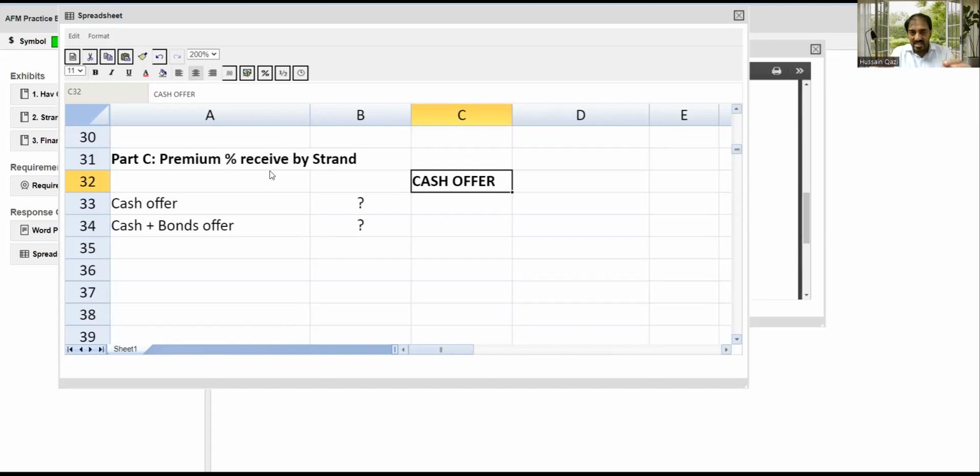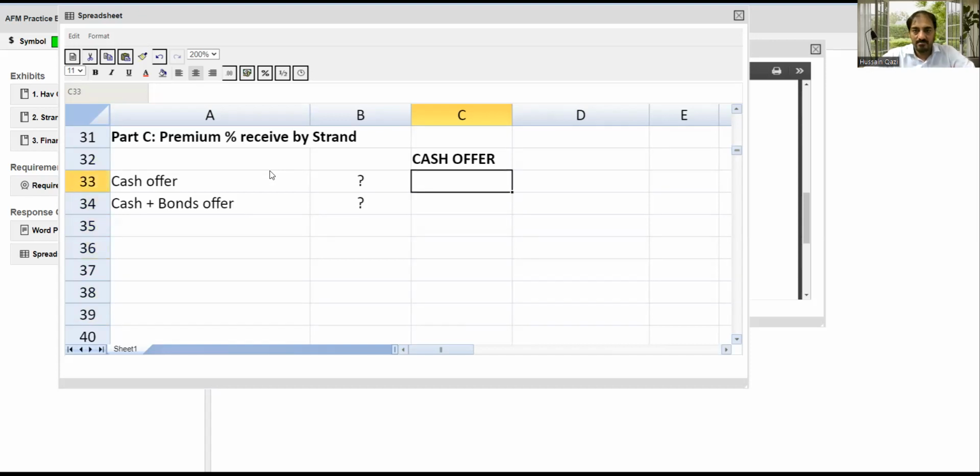Whenever you are analyzing the premium received by the target company, your mindset should be: with this mode of consideration, for example the cash offer, what will the target company shareholder receive and what will they sacrifice? That's all. What they receive per share, and what they sacrifice per share.